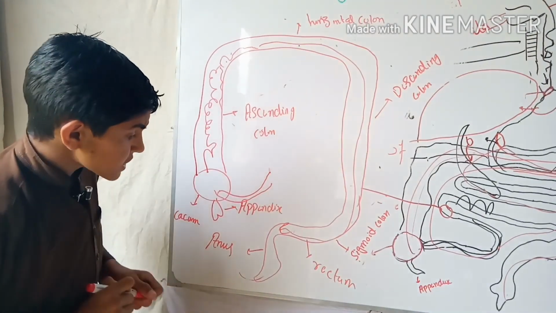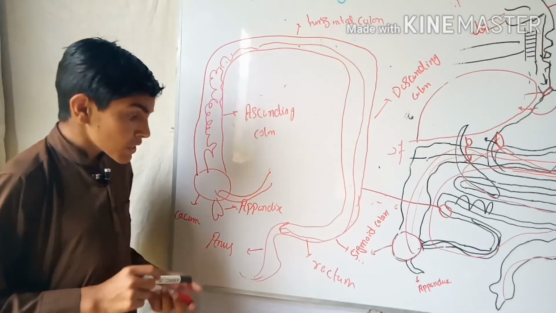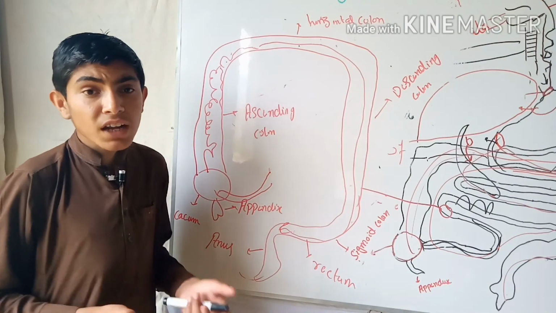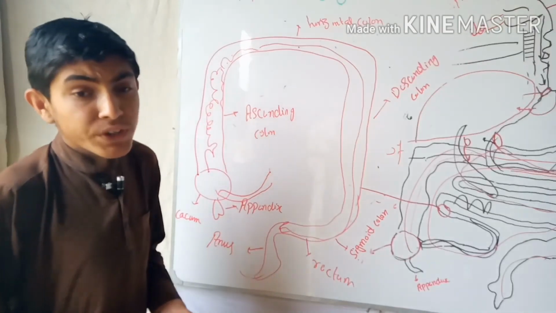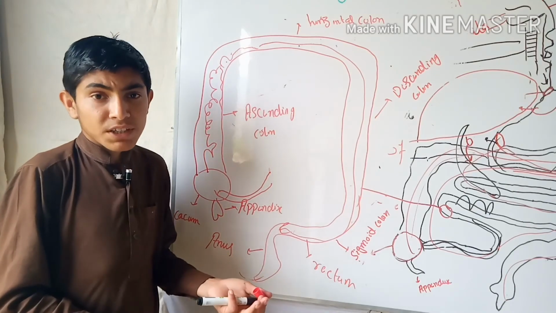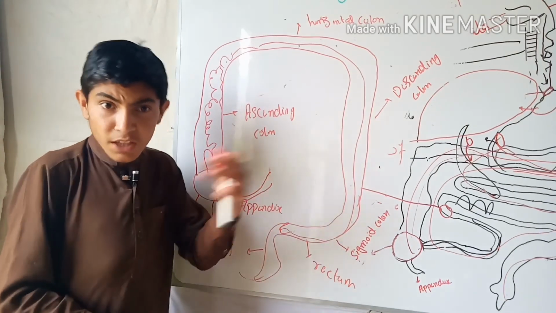So in this rectum there are muscles which control the discharging of food outside. These may be reflex and non-reflex, voluntary and involuntary.